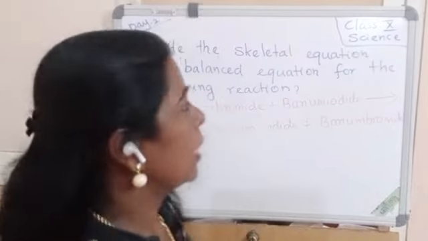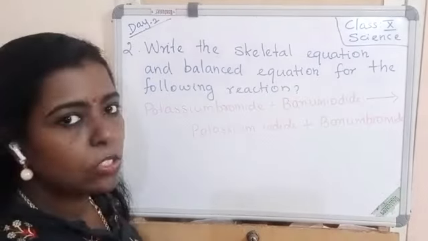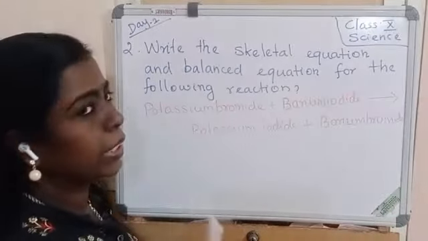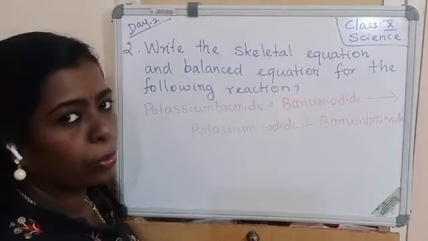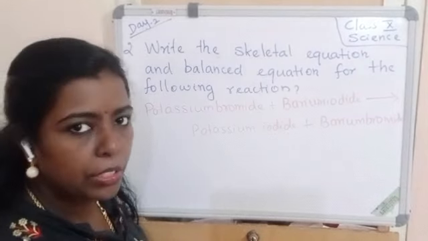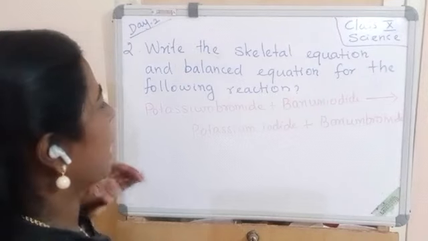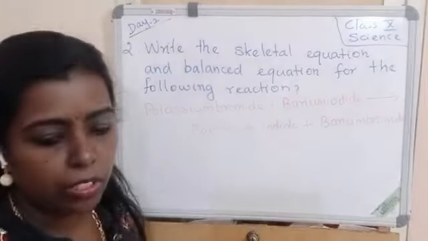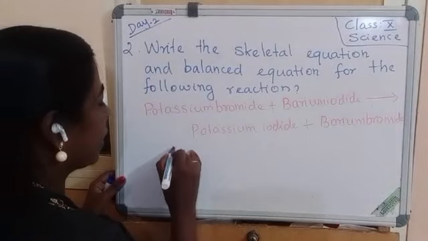Next question: write the skeletal equation and balanced equation for the following reaction. Potassium bromide reacts with barium iodide to form potassium iodide and barium bromide. First we write the skeletal equation. What is the formula of potassium bromide?